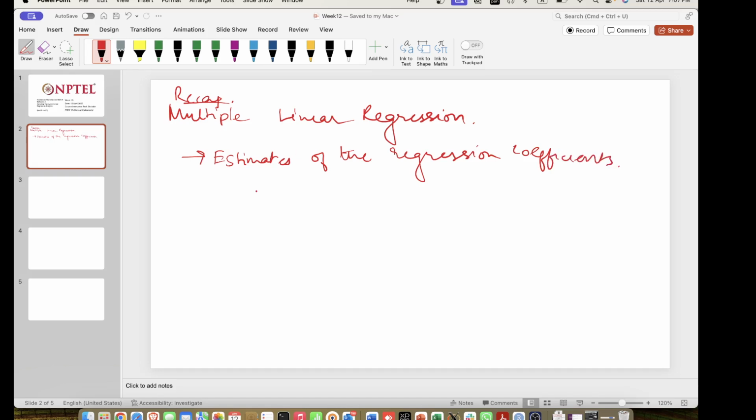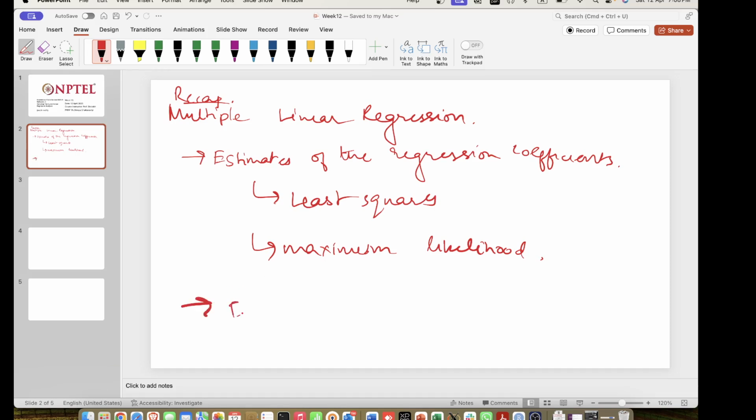We learned about two methods. One is the method of least squares. The next one was maximum likelihood. This was with respect to estimation, and then we also learned about test of hypothesis.